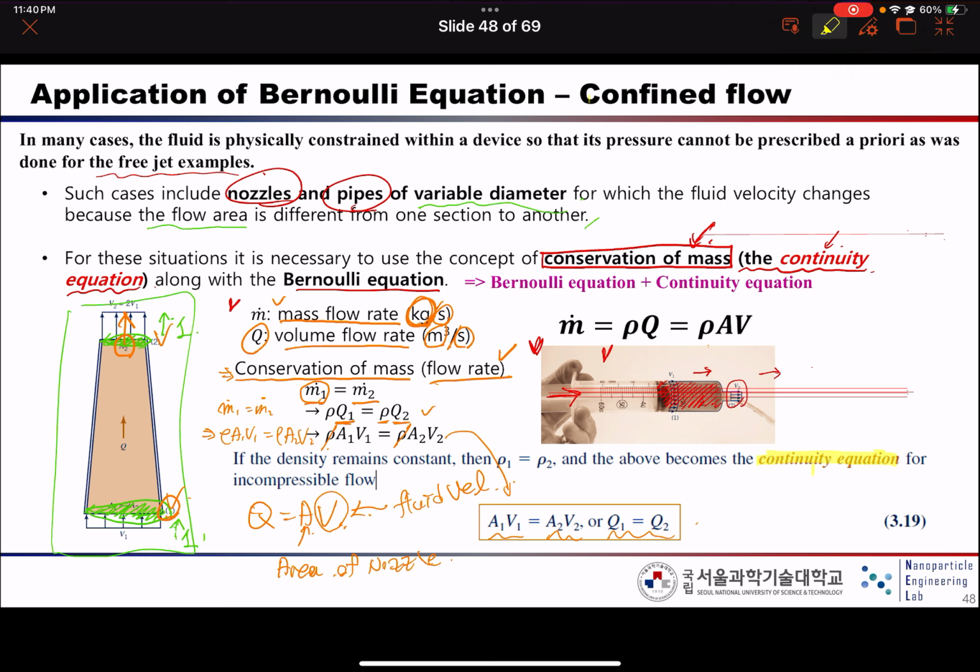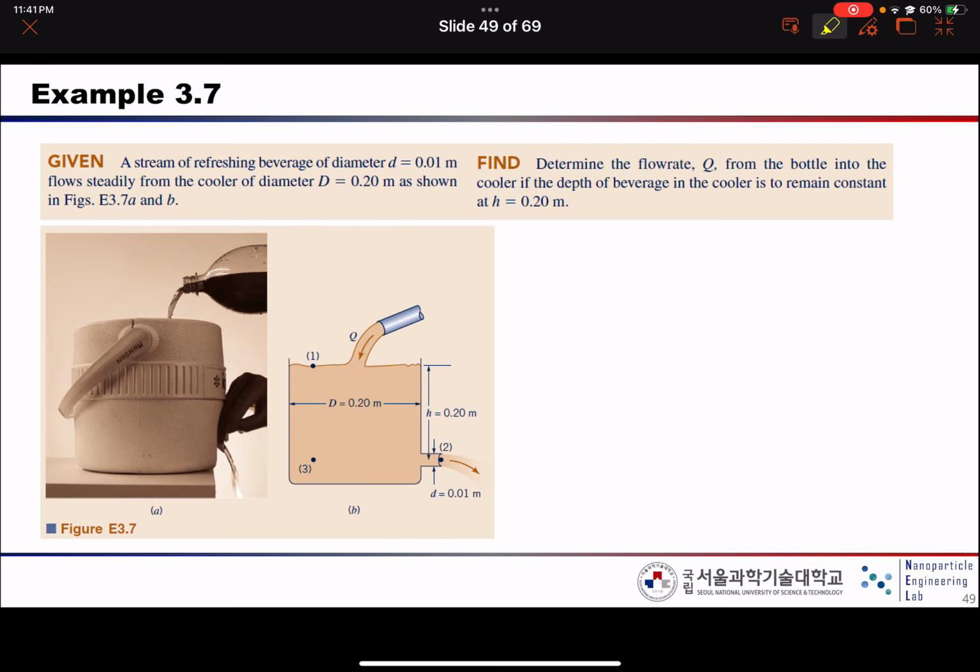So basically for the confined flow, you need to use another very simple concept, mass conservation, the continuity equation. Practically, you can write it as A1 V1 equals A2 V2. Okay. So using this concept, let's solve this example together. Please stop the video and think about it yourself, and then let's continue.